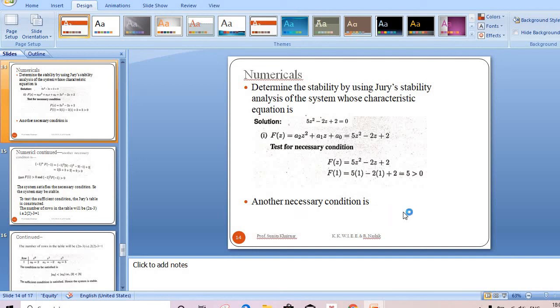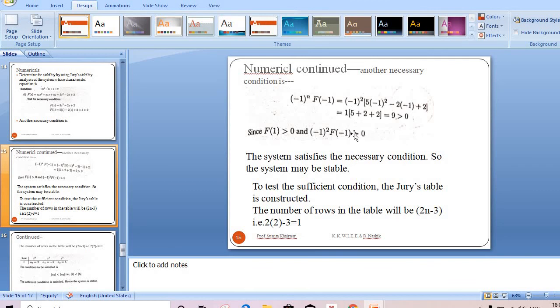Another necessary condition is minus 1 raised to n into f of minus 1. Here n is 2. So minus 1 square into f of minus 1 will be 5 into minus 1 square minus 2 into minus 1 plus 2, and this becomes 9. Again 9 is greater than 0. So the second condition is also satisfied.